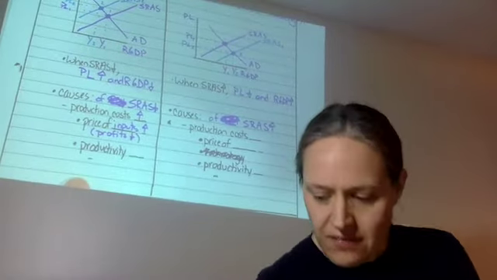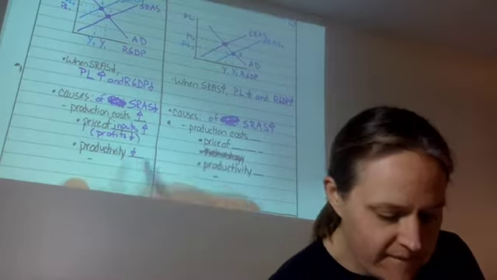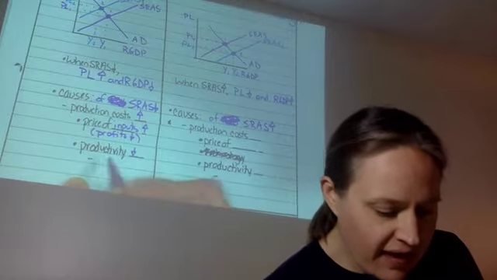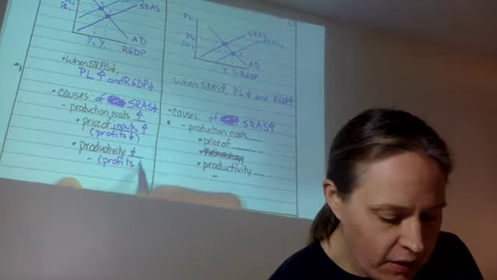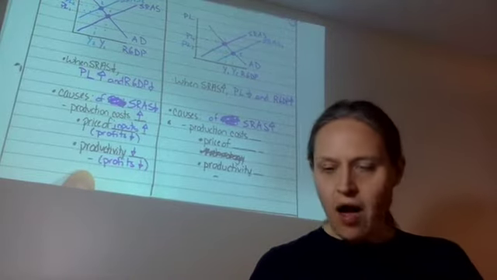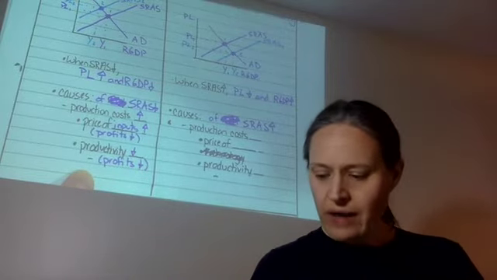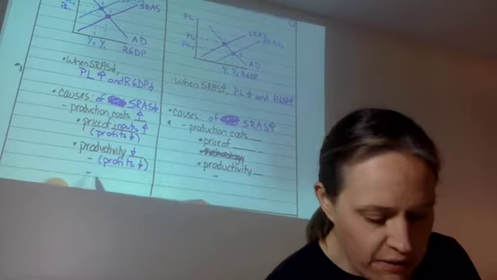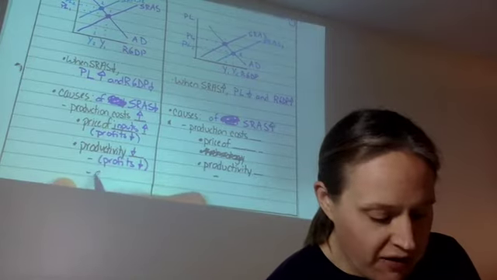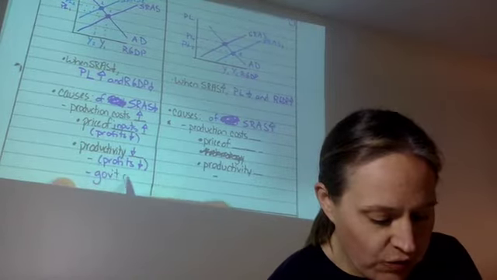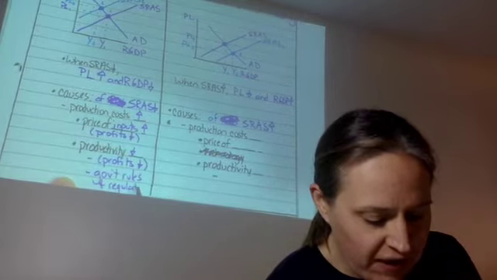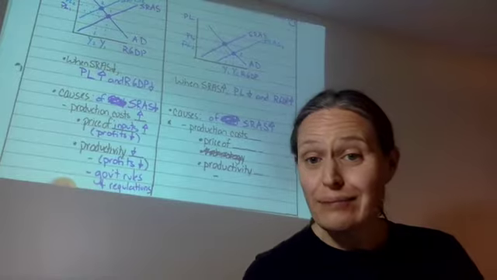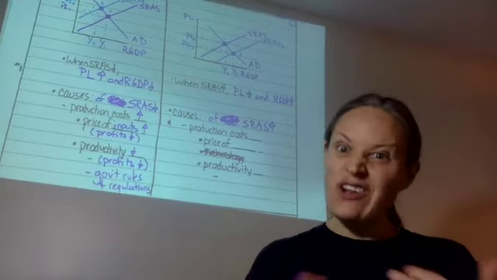If productivity goes down, that means, again, that profits go down, which means that the short-run aggregate supply will go down. Now, remember, a decrease in productivity is often caused by those government rules and regulations. I'm not saying that government rules and regulations are bad. I'm just saying that they decrease productivity.